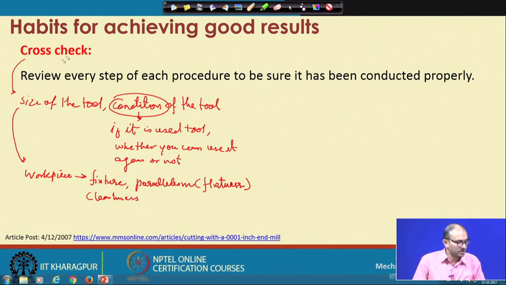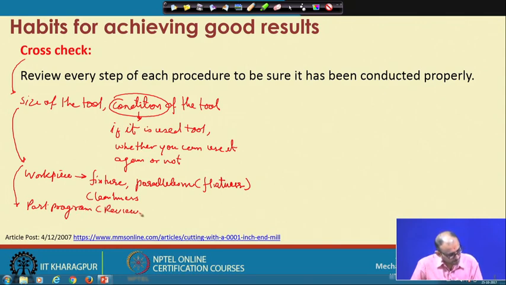So, those things about the tool and the workpiece, and then you have to see the part program, because that is more important. Review it, then do a simulation, and then do a dry or air run.